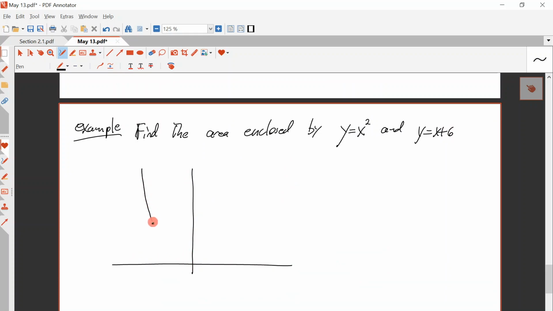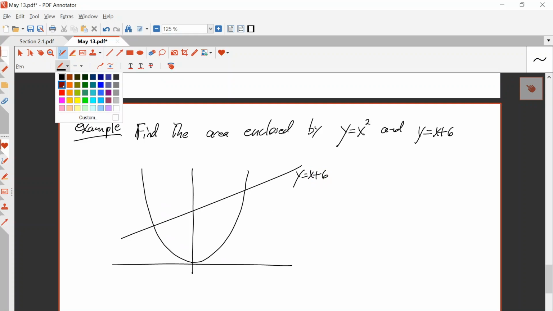The parabola y equals x squared is that standard parabola we're used to, and y equals x plus 6 is this line. And we're looking to find this area in between here.